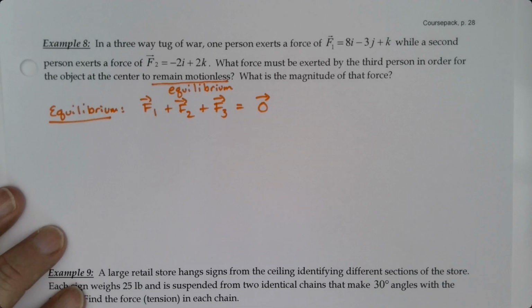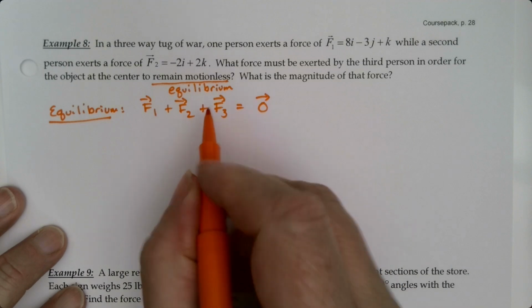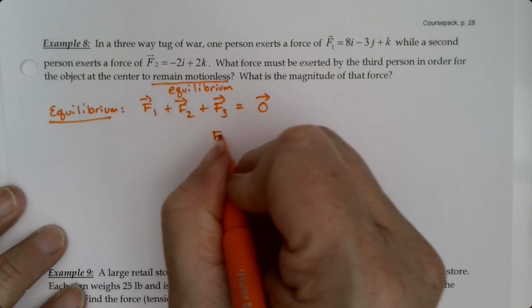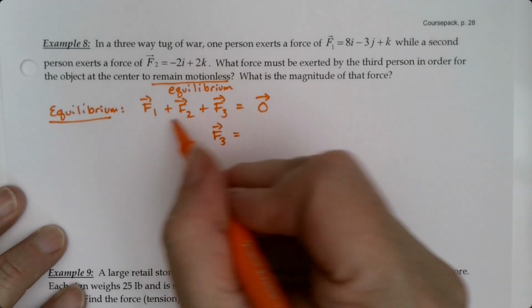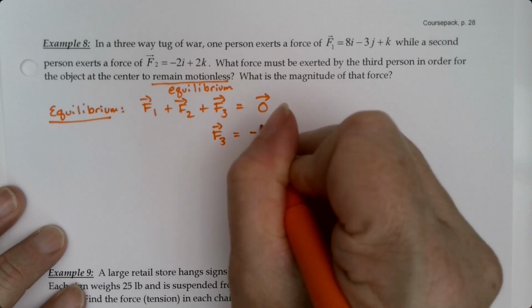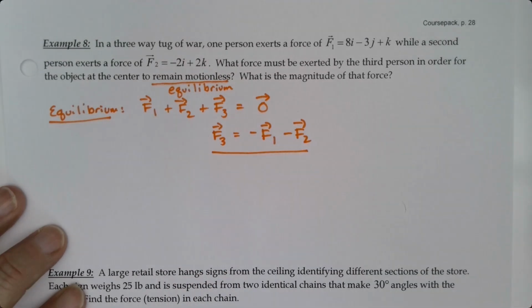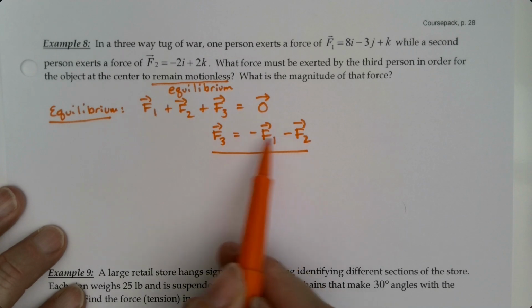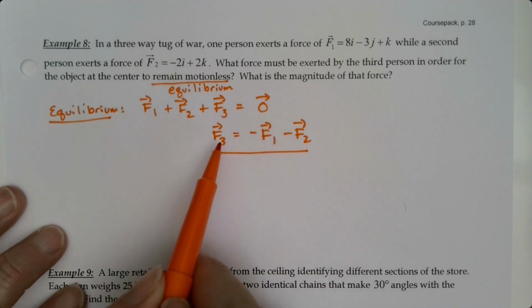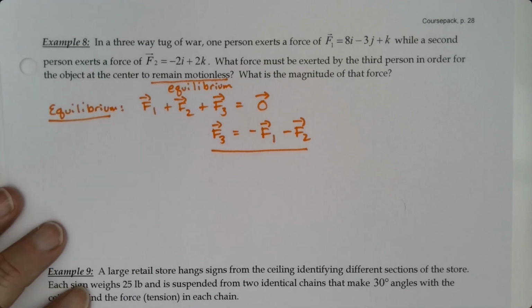So that would mean that force 3, which is the one we're looking for, would be equal to negative force 1 minus force 2, subtracting these two forces to the other side. That way we would achieve equilibrium. If this person can balance out these other two, and can counter the x, the y, and the z component, then we've got it. All right, well, we can find that, right?